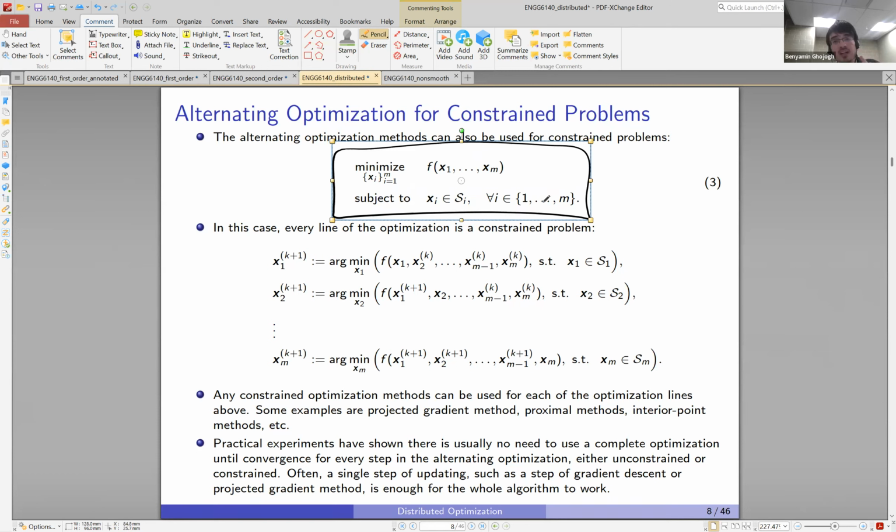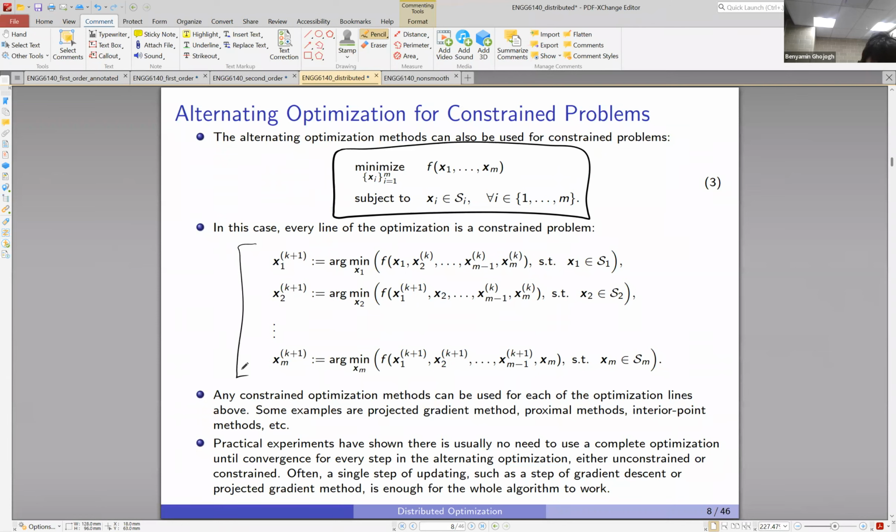Now we are talking about m variables, distributed optimization. For each of them, you have a set of constraints, S_i. S_i is a feasibility set, which can be made by some equality or inequality constraints. Therefore, what I mean is that for each variable, you might have a set of equality and/or inequality constraints, right?